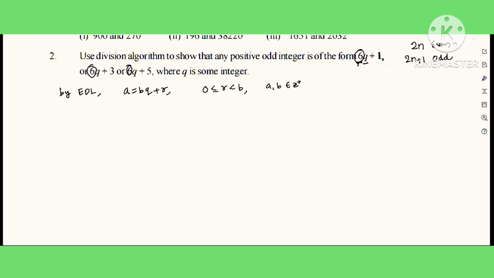Now first of all we have to assume the b value. If the question gives 6q plus 1, 6q plus 3, 6q plus 5, we have to take b as 6. For example, if the question gives 8q plus 1, 8q plus 3, then you have to assume b as 8. You will be given only even coefficients, never 7q plus 1 or 7q plus 3 like that.